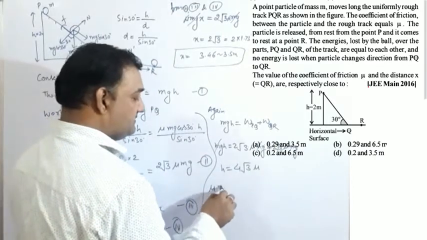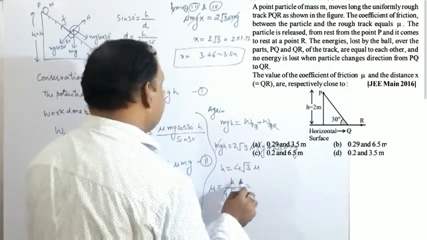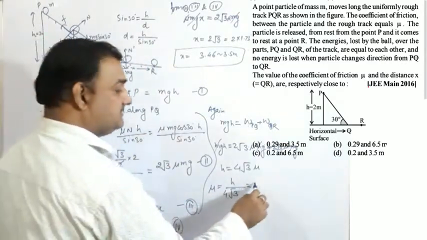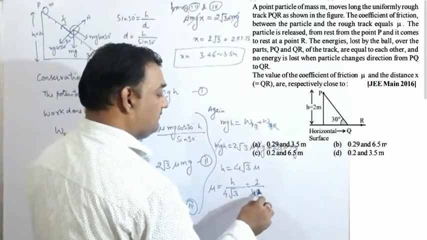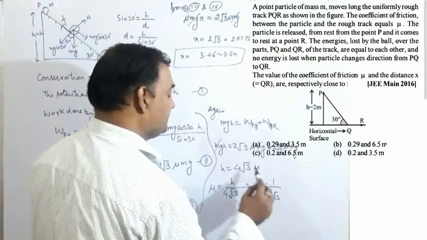So mu is equal to h upon 4 root 3, where h is given as 2 meters, so it is 2 by 4 root 3, and we can say it is 1 upon 2 root 3.